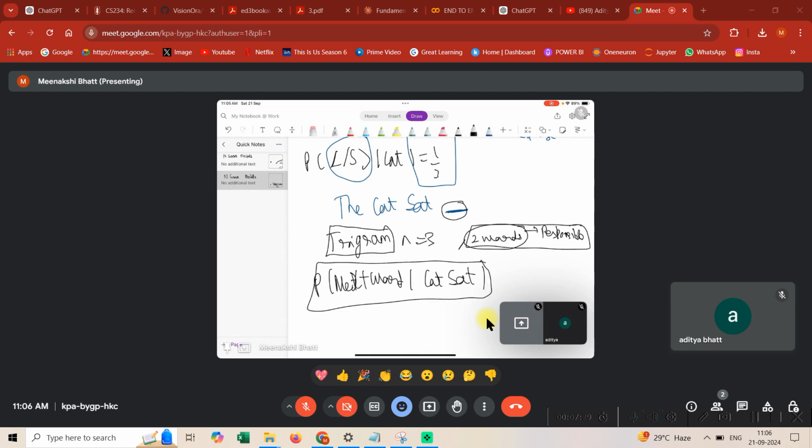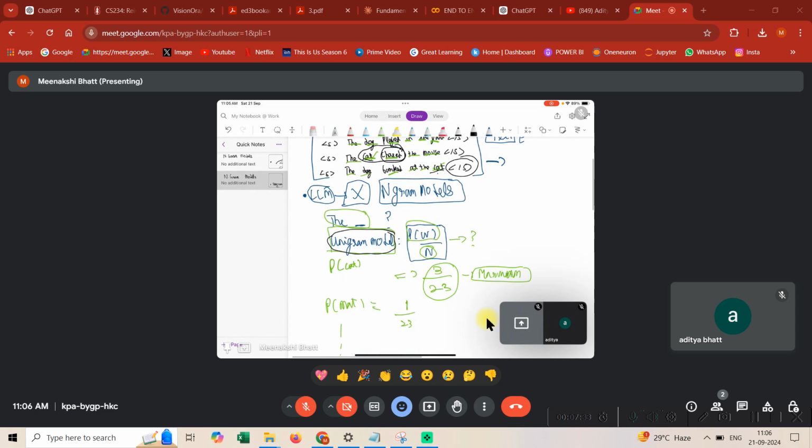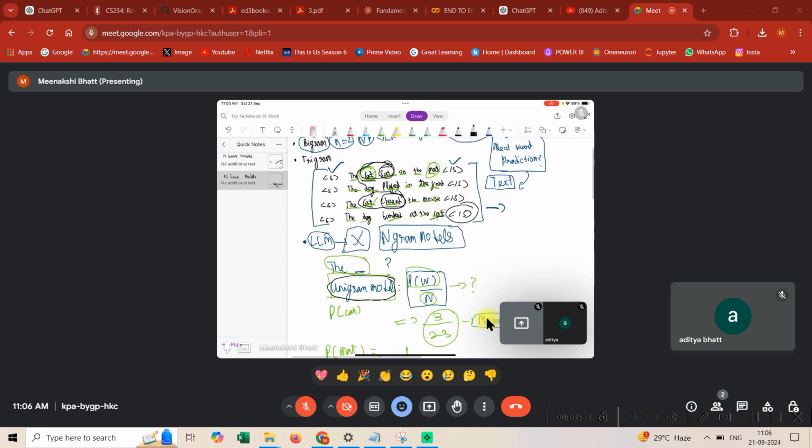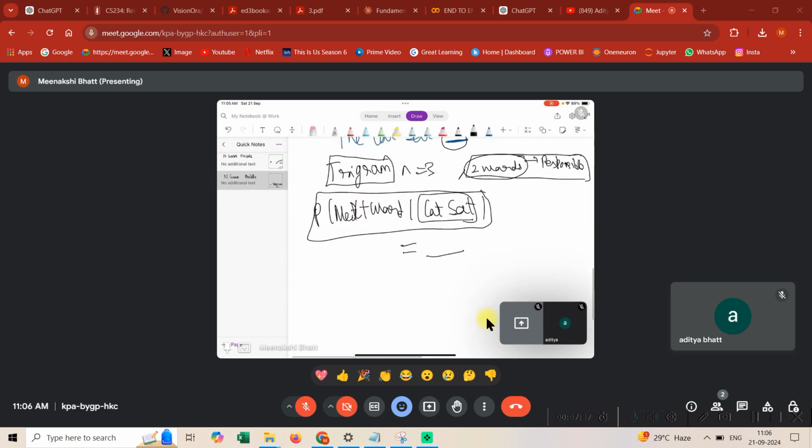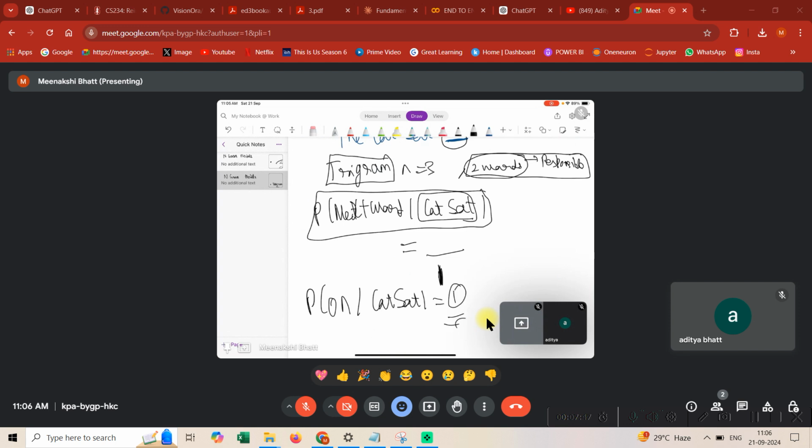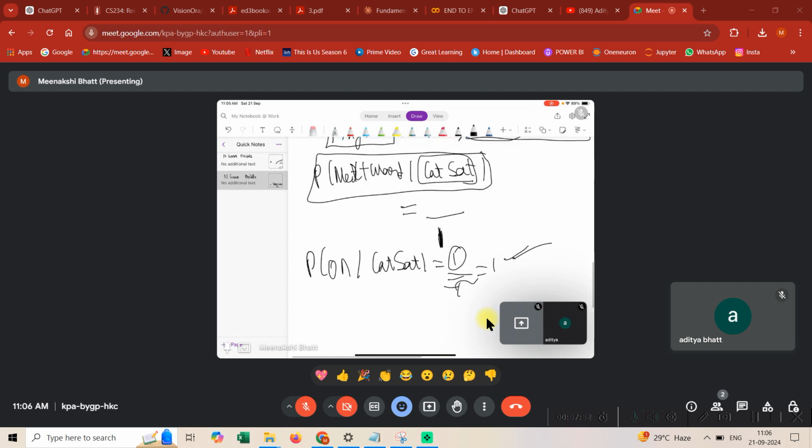Now we need to figure out how many times cat sat occurs in the data set. It's only occurring once. So the word after it would be on only, because there is no other word in our data set, and the probability is 1 because 1 by 1 is 1. So the next word would be: the cat sat on.